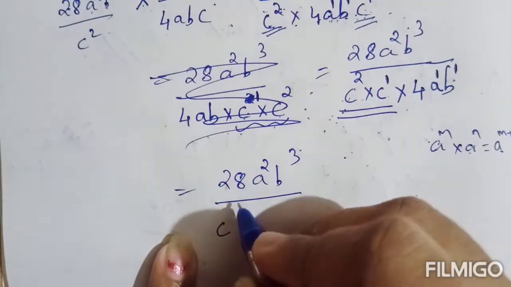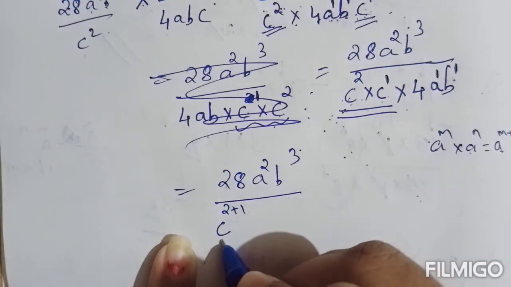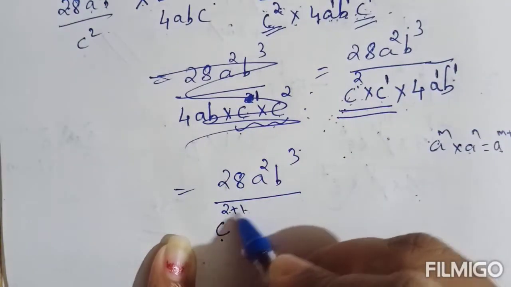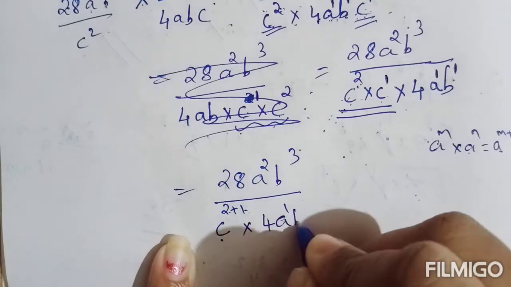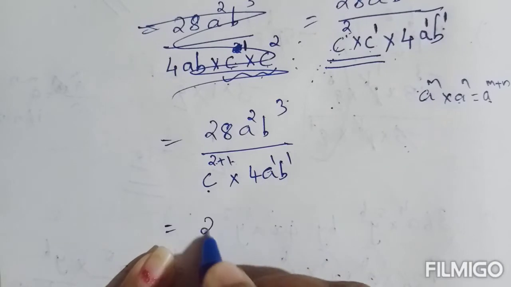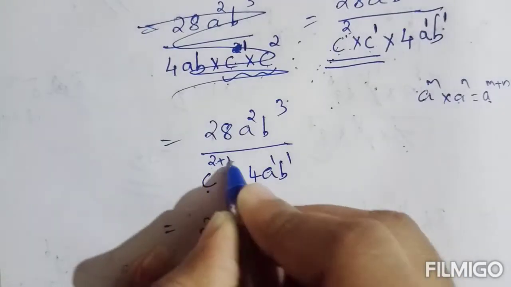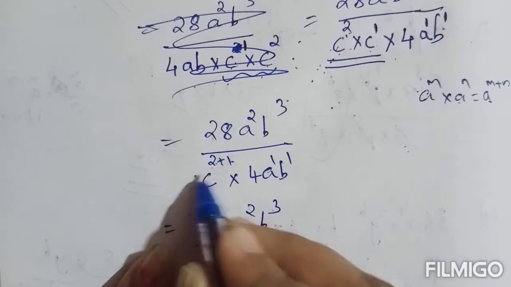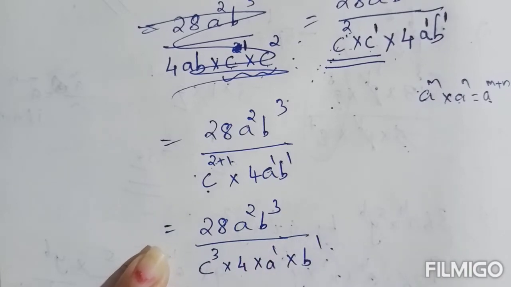It is c raised to 2 plus 1. The base you can put the same, powers you can add, 2 plus 1, into 4 a raised to 1 b raised to 1. So 28 a square b cube by c raised to 3, 2 plus 1 it is 3, into 4 into a raised to 1 into b raised to 1. In this way we can write.